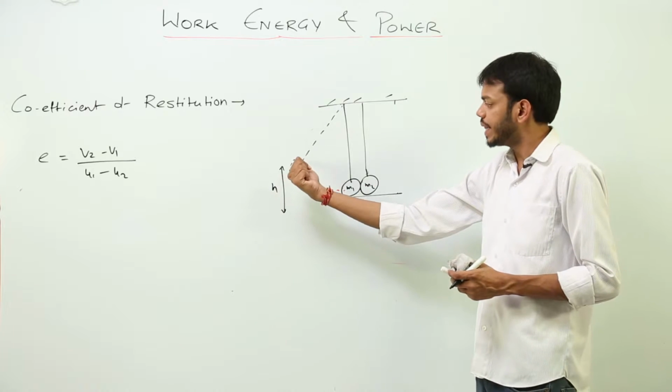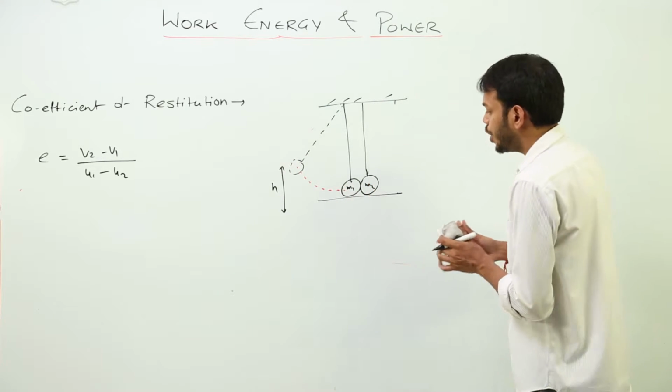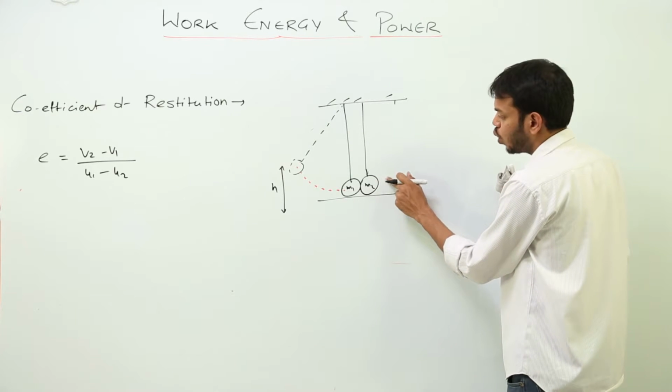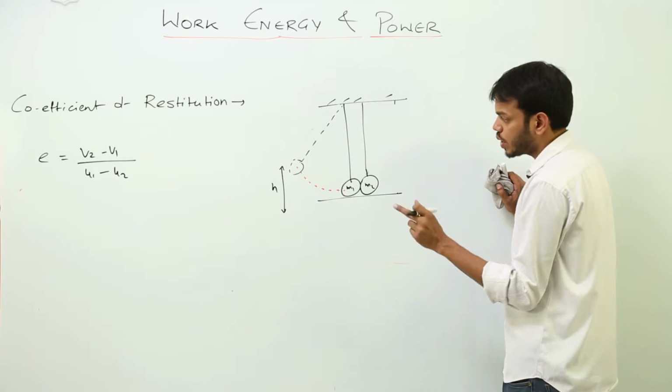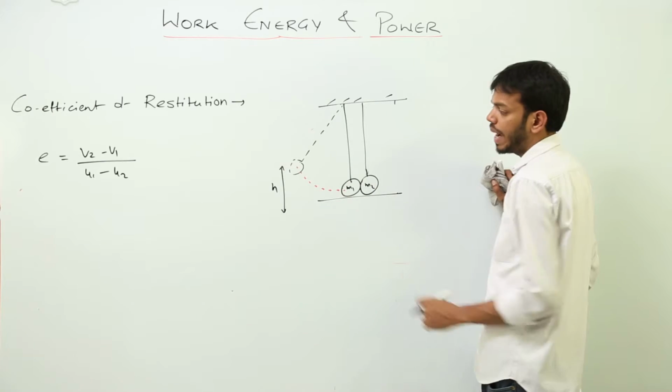What will happen? This body is going to strike mass m2, due to which two things will happen. m2 will gain energy and go in this direction. Second, m1 is going to bounce back after hitting m2, it will go back in this direction.